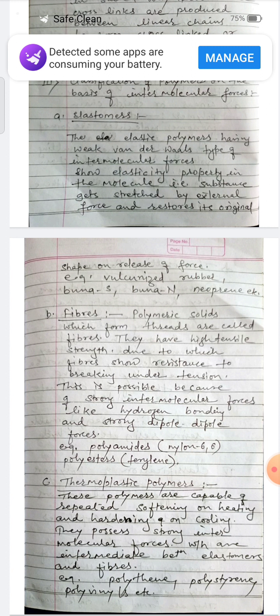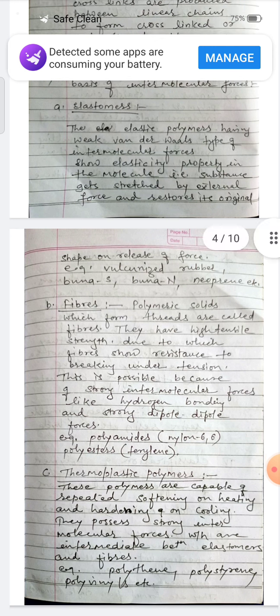For example, polyamides. Polyamides have a number of CONH linkages in the molecule. The best example is nylon 6,6. Another is the polyesters, which have a number of ester linkages. The example is terylene. So in fibers, the examples are polyamides and polyesters, that means nylon 6,6 and terylene.